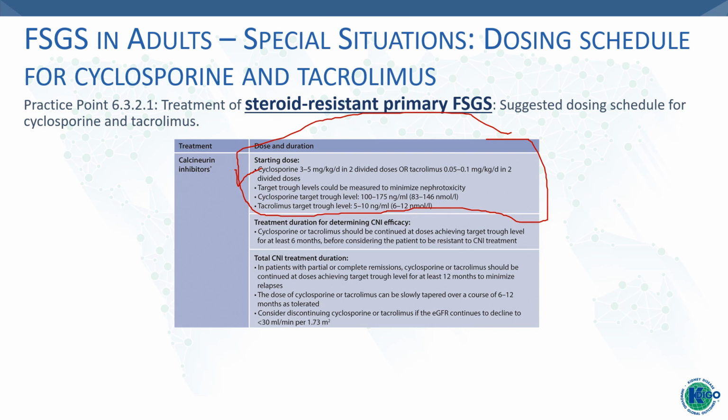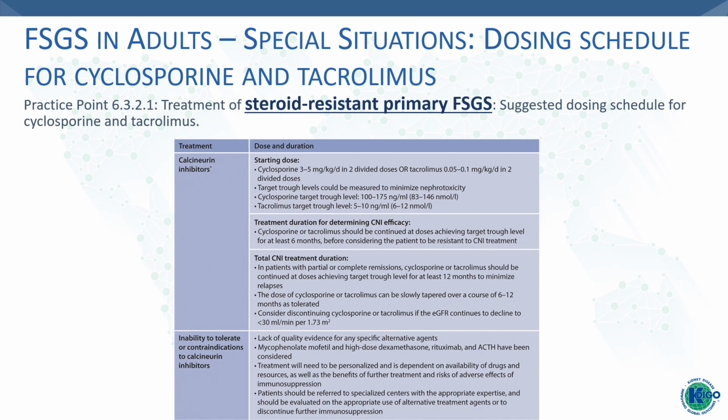Previously we said in the initiation that we will use glucocorticoids, and if the patient is not responding or if there is contraindication to glucocorticoids, we can start by calcineurin inhibitors. Also, if the patient is resistant to steroid, we can start by calcineurin inhibitors with the same criteria and dosing protocol that we used in the initiation for the resistant cases.